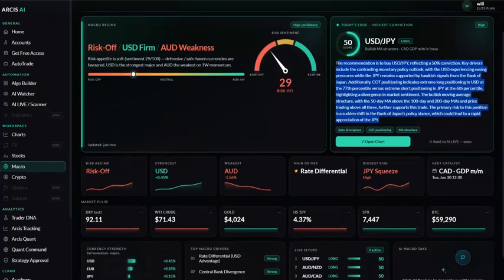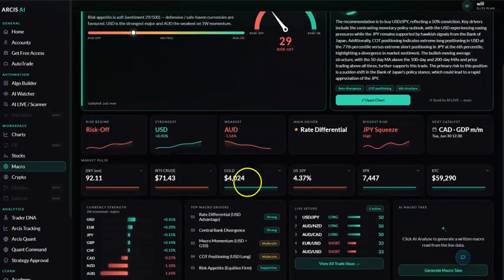So down here we have just the risk regime. USD is strongest, Australian dollar is weakest, then market driver is rate differential, COT data is JPY squeeze, and the next news, then just the market pulse. It's just giving us the price feeds across the main assets: dollar index, crude oil, gold, USD 10-year yields, SPX, and Bitcoin.